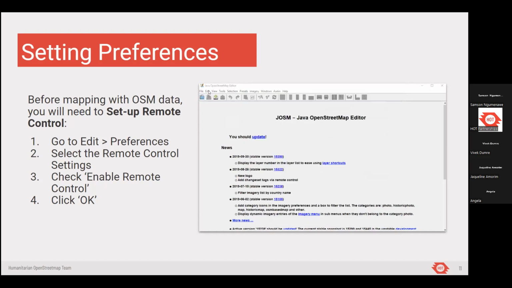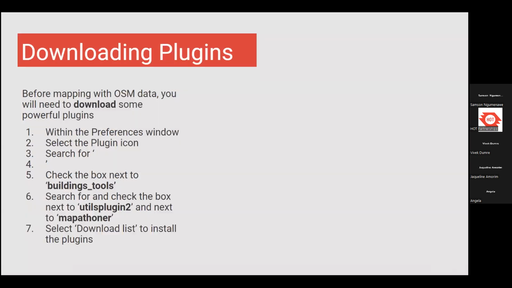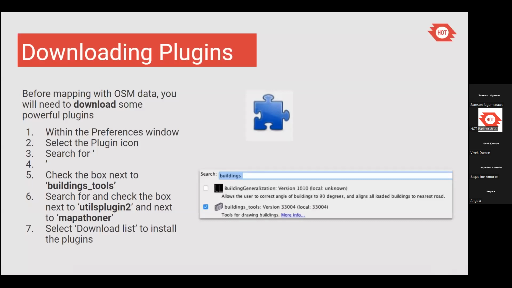Then the other important aspect of JOSM is the plugins. There are lots and lots of plugins that have been developed by different developers and users, depending on the different needs that they have. Some of those plugins are required to perform better mapping with JOSM.